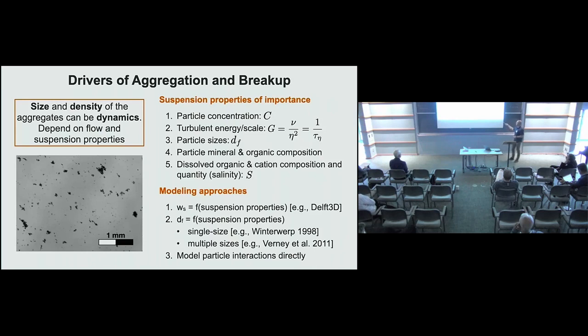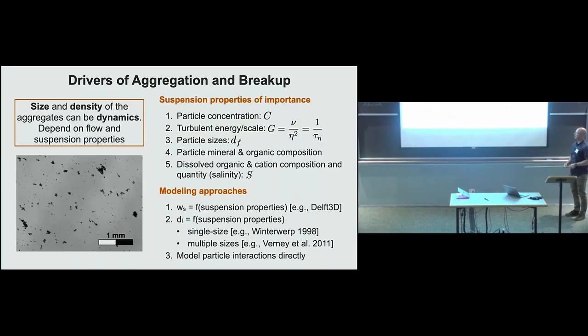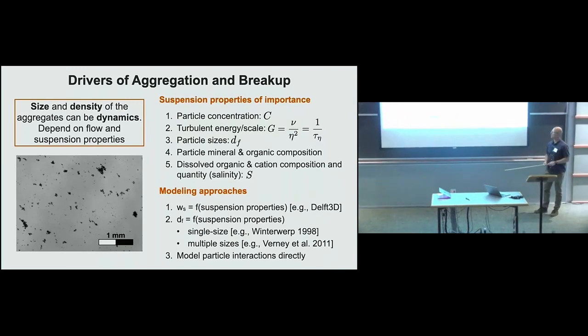Another way in which we could do it is to try to model the size. It could be modeling a single size, some sort of average size of the particles in this distribution, or it could be trying to model the distribution itself. And the way that we model the distribution of the particles is similar to the way that we model the size of droplets in a cloud.